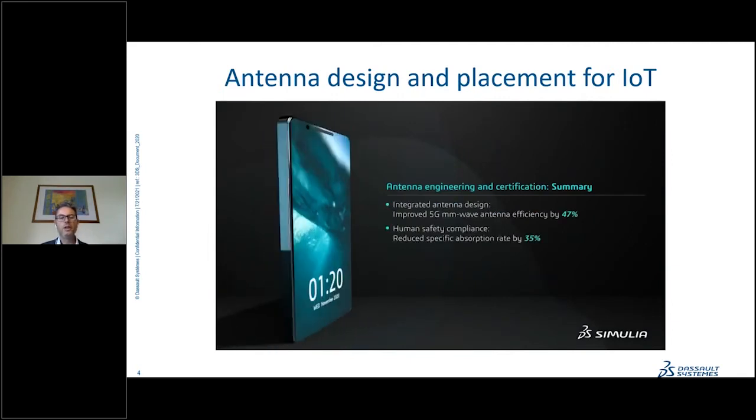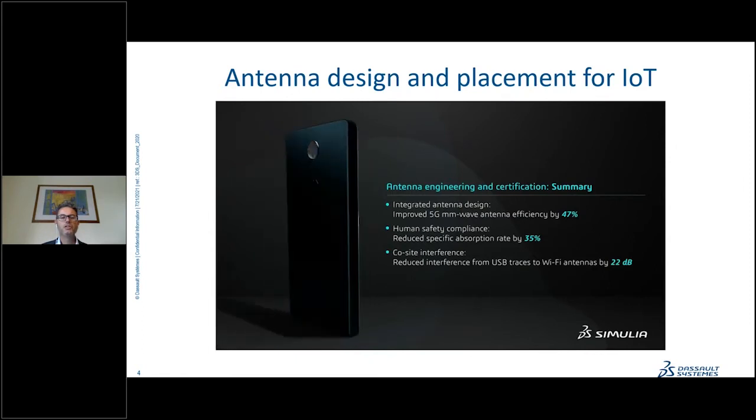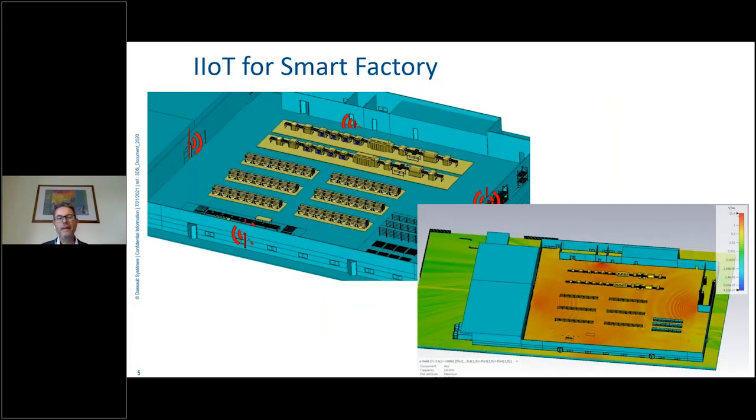So as a summary, we see that we could reach a better efficiency of the antenna by 47%, a lower, I would say, absorption ratio, which is the power you have in your human head, by 35%. So it's a very good result, and all this is achievable on the standalone product CST Studio Suite, but also on the Electromagnetic Engineer role, which is a new role on the 3DEXPERIENCE platform on cloud.